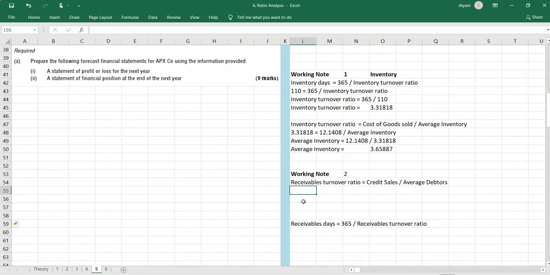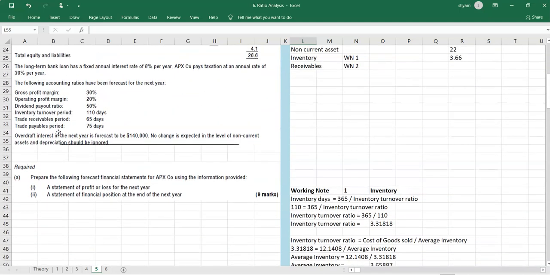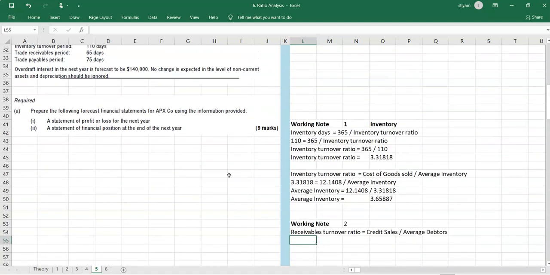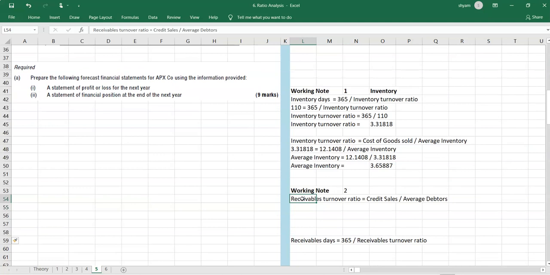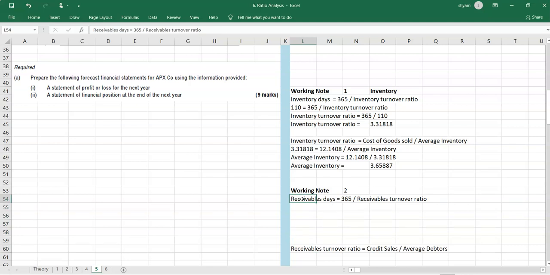What is the number that we have? Trade receivables, we have 65 days. So the ratio that we have to start with is this ratio. Number of days becomes 65.